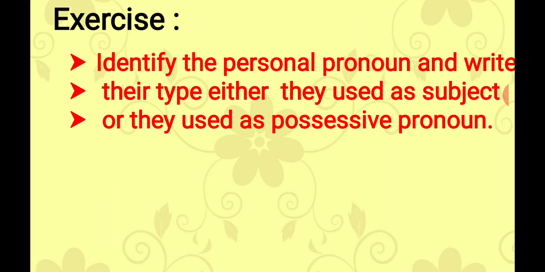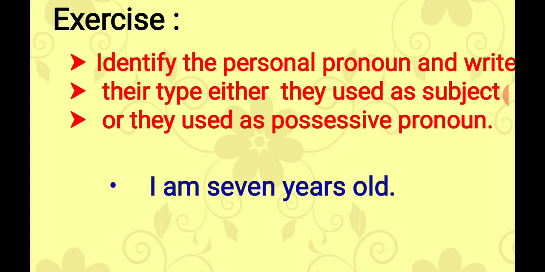So in this exercise we have to identify the pronoun, the kind of pronoun, and the person of the pronoun. If it is used as a subject we will write subject, and if it is used as a possessive pronoun we will write possessive pronoun. Let's start the exercise. I am 7 years old.